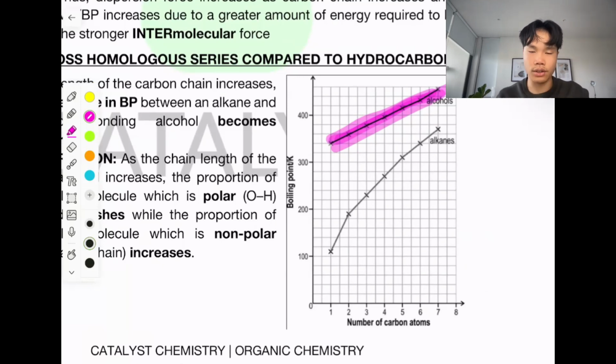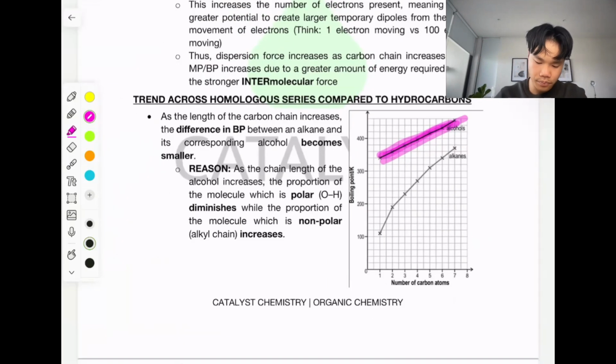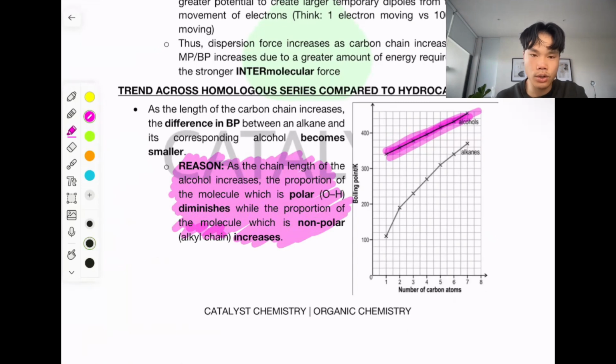And in fact, it starts to converge with the alkane line. And you justify this as the chain length of the alcohol increases, the proportion of the molecule which is polar, OH, diminishes while the proportion of the molecule which is non-polar increases. So you're approaching becoming non-polar as a molecule, and so it approaches the boiling point of a non-polar molecule over time.